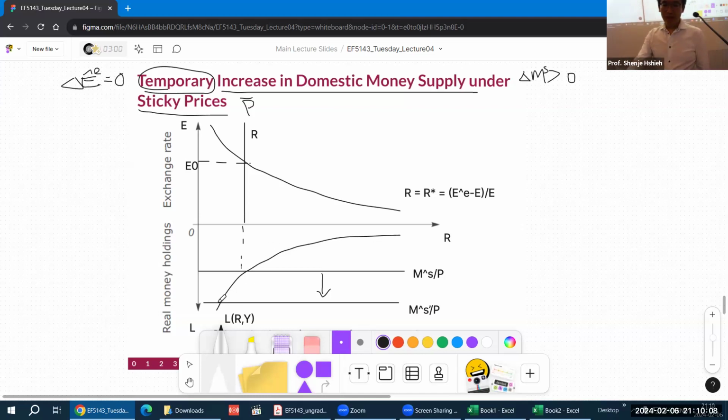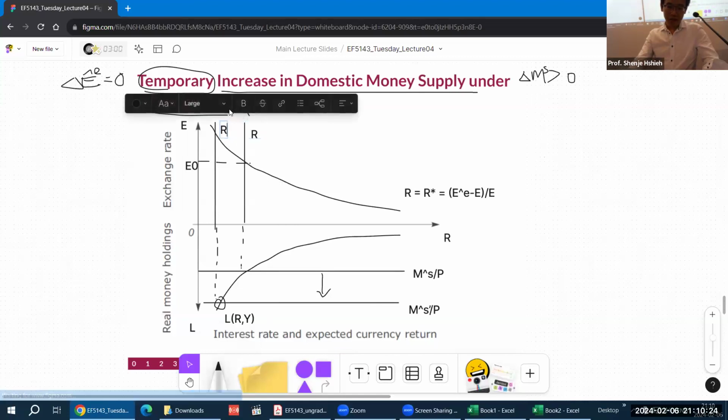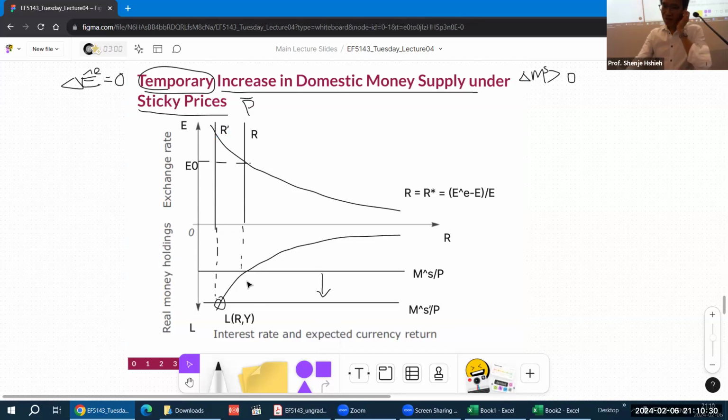All right, so the analysis continues. We have a shift in money supply. There's a new equilibrium at this new intersection, which is a new interest rate that's lower. Let's call that R prime. And we notice that R prime is closer to the origin, which means that R prime must be smaller.